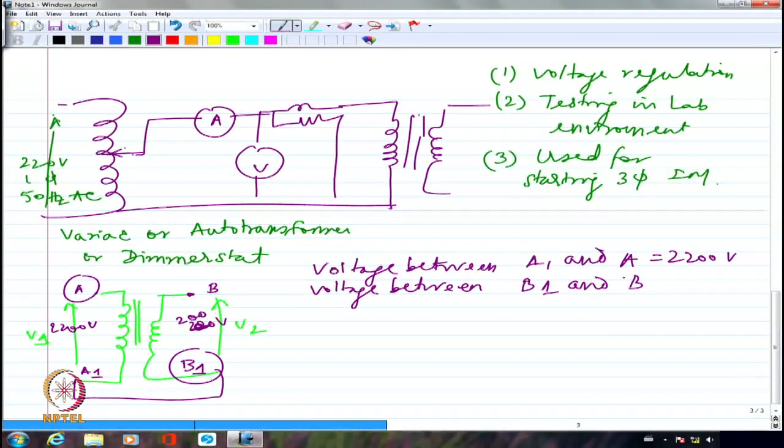Fine? Now if I connect, this is A and A1, and along with A1, I am going to connect B1 and B, right? So maybe I am applying the voltage here as 200 volts, and if I look at the voltage here, this will be 2400 volts together.